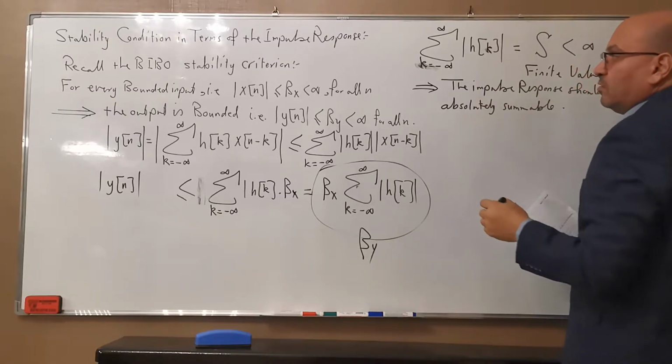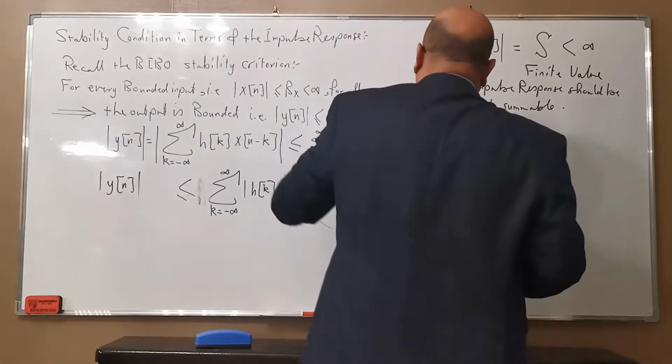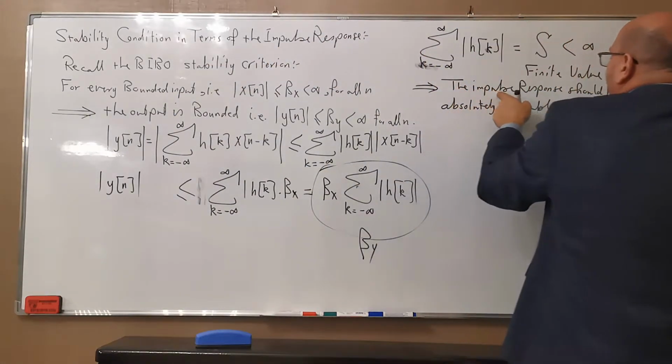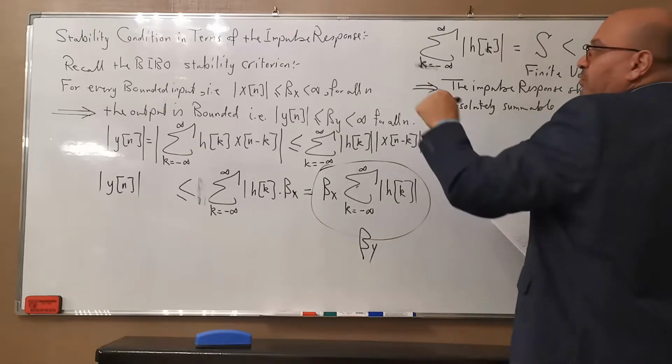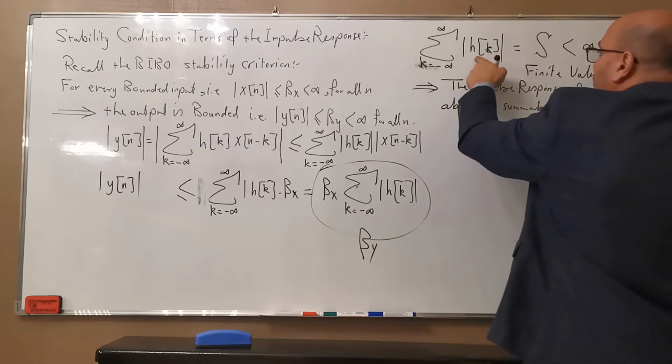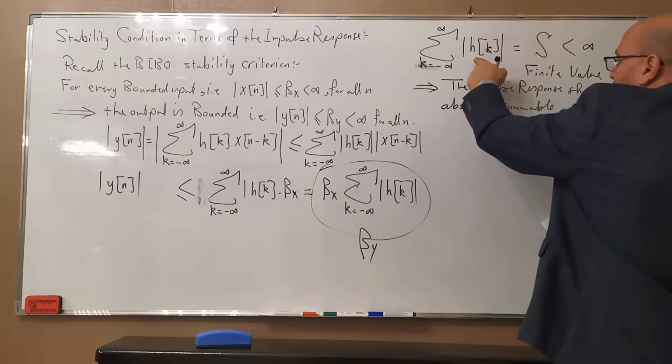Okay, so the stability condition in terms of the impulse response is that it should be absolutely summable. So if you want to check for BIBO stability, check whether the impulse response is absolutely summable or not.